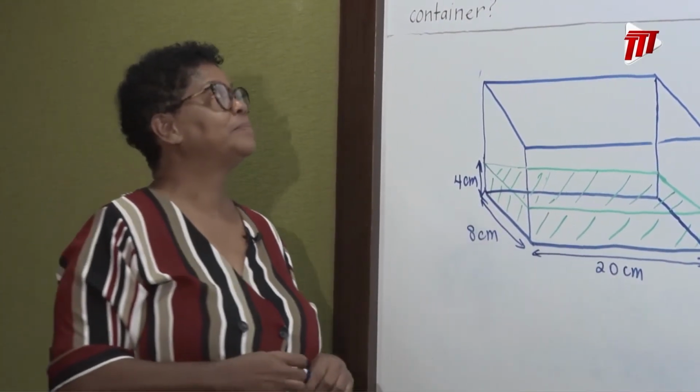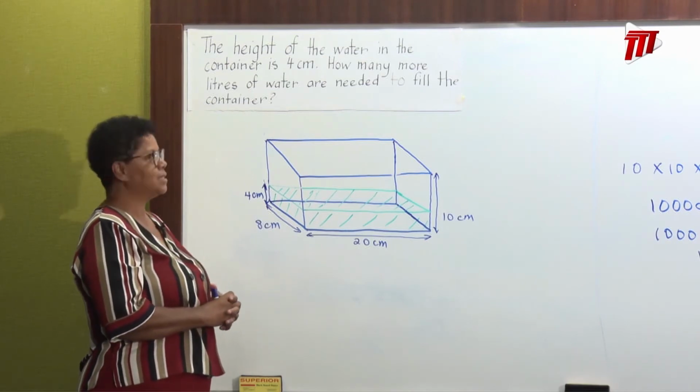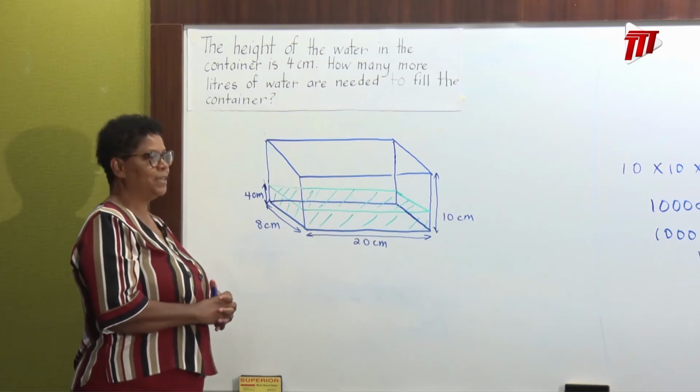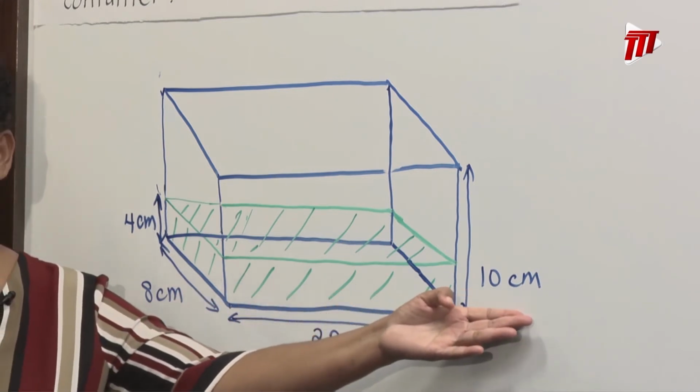Let's read the problem. So the height of the water in the container is 4 centimeters. How many more liters of water are needed to fill the container? We have a container here with a length of 20 centimeters, a width of 8 centimeters, and a height of 10 centimeters.